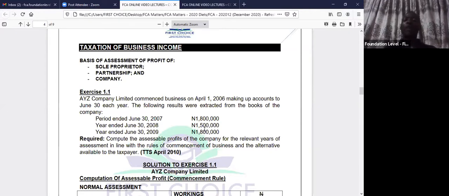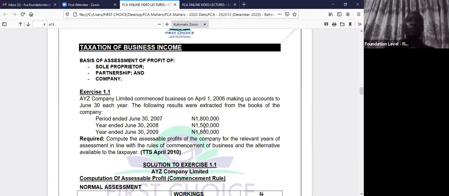Now, whenever you commence your business, look at the things you're going to watch out for. First of all, look for the date the business commenced. Now, this is different from the date the business was incorporated. There are two different things.